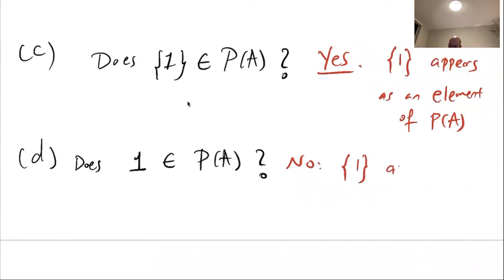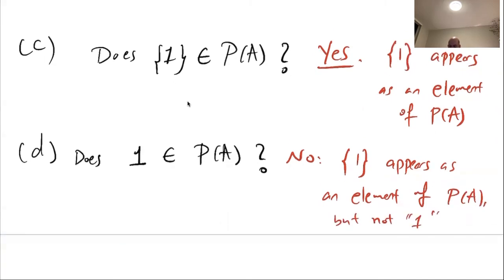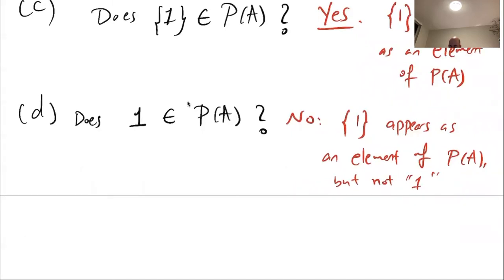{1} appears as an element of P of A, but not 1. Part E: is {1} a subset of P of A?